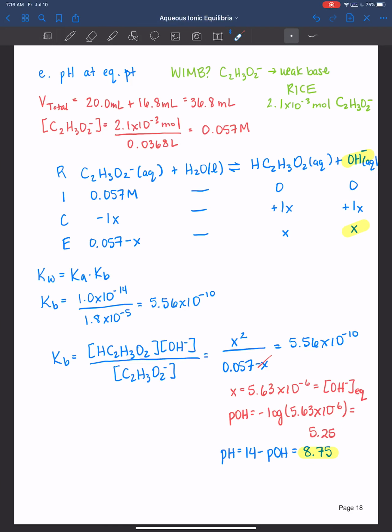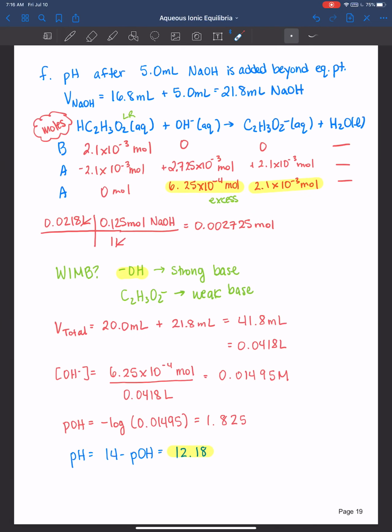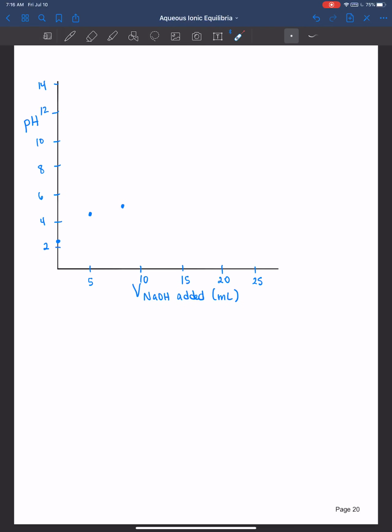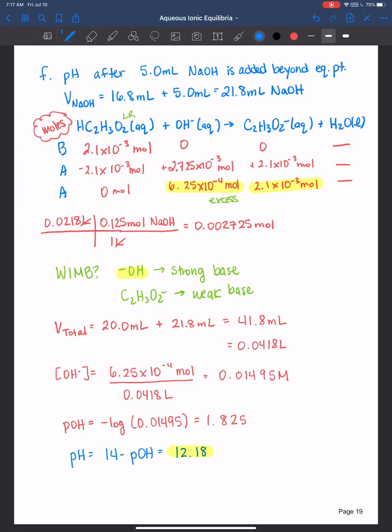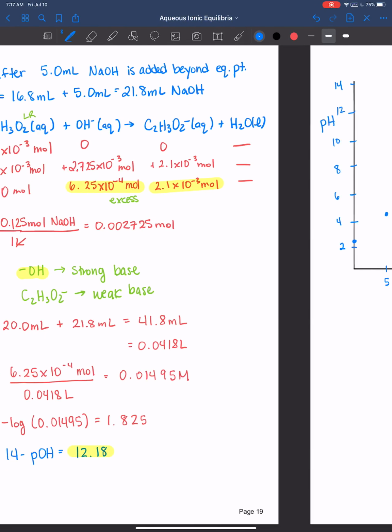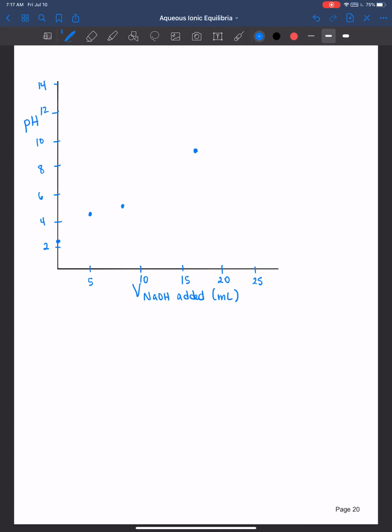Okay, so 8.75. It's about 16.8 milliliters of the base added. And then after 21.8 milliliters of sodium hydroxide is added, our pH was 12.18.